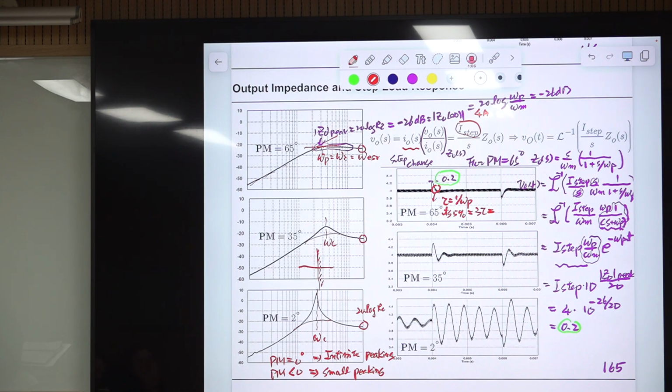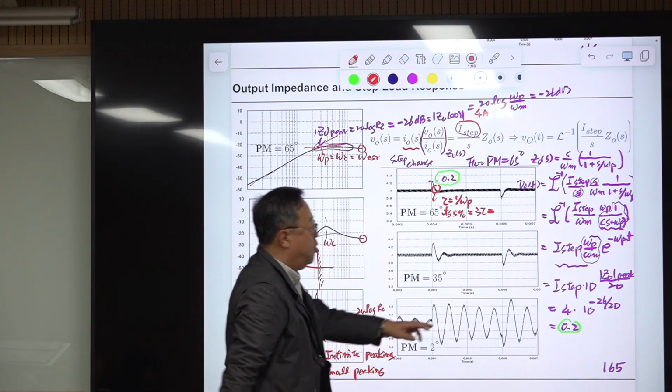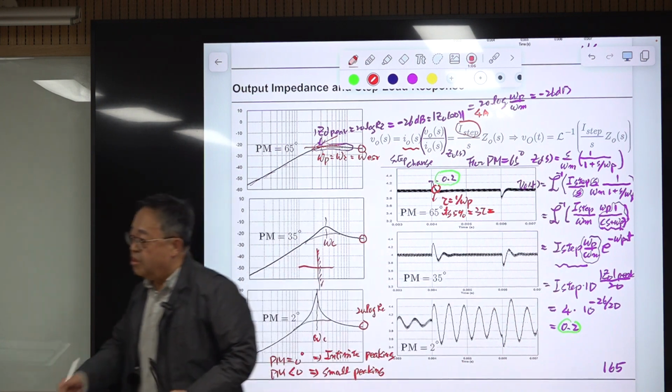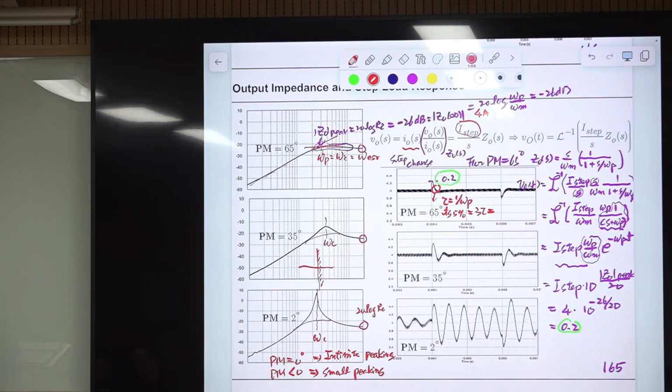This is discussed in the control course, or this is very easy. Just plot this exponential curve here, then you can find this out easily. So 3 times this one is 3 times this frequency. omega p is 2 pi times this one. This one is 0.1, 1 kilohertz, 10, maybe 1 kilohertz, 2 kilohertz, 3 kilohertz.